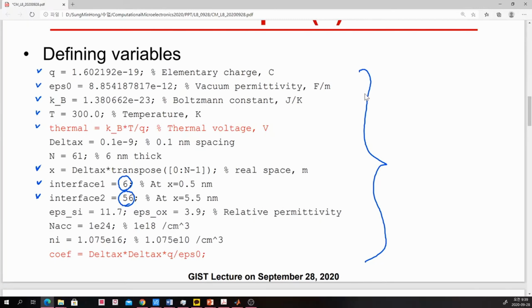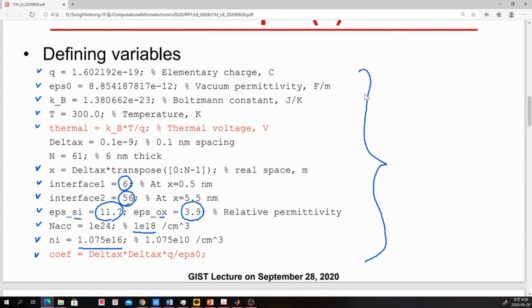And the relative permittivity is 11.7 and 3.9 for silicon and oxide. Also, here we have a doping density corresponding to 10 to the 18 per cubic centimeter, and Ni at 300 Kelvin is simply given as this number, and here we have a certain frequently appearing coefficient.